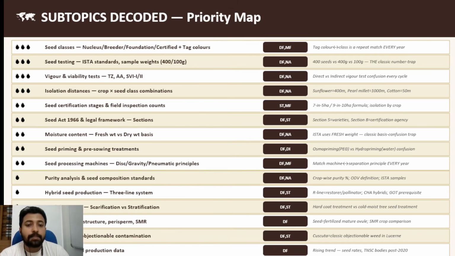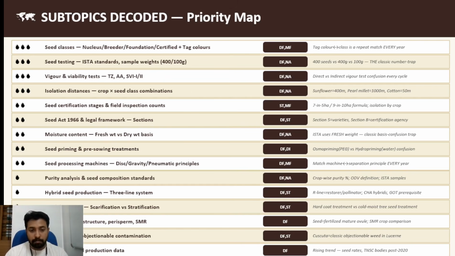Okay, then comes the Seed Act 1966 and the legal framework. This area, I would say, for the upcoming exams will gain more importance. Why? Because there is a new draft published for the Seed Act amendment.